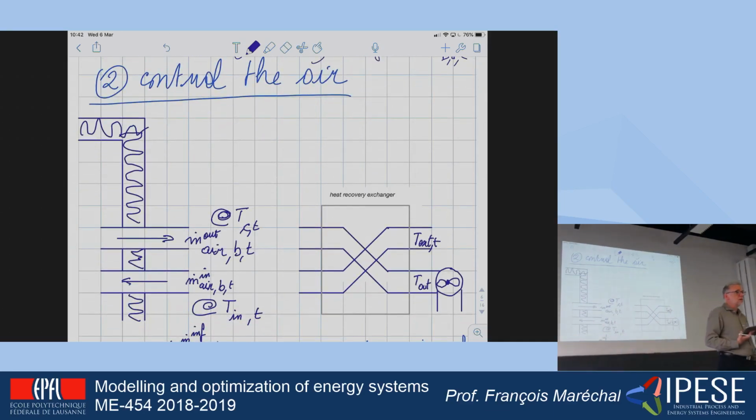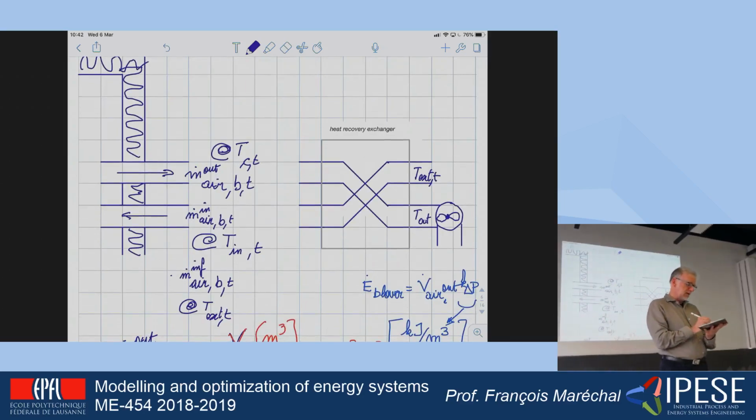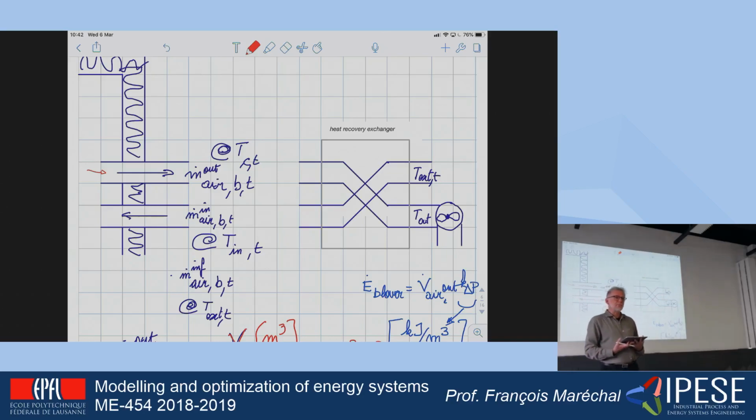When I'm controlling the air, in fact, what do I do? And I'm not sure that it is the case here. If I'm looking, no. So it's an old building here, so we do not have an air regulation system here. But as soon as you have on a building an air regulation system, it means that you have a pipe, like the one that is here. You have a pipe, and on those pipes, as soon as you want to control the air, you have to add a blower that is going to extract the air out of the building.